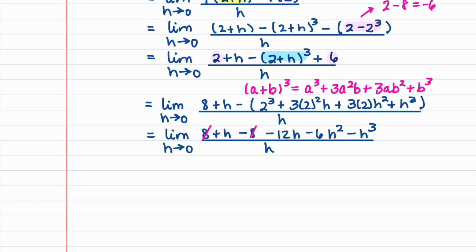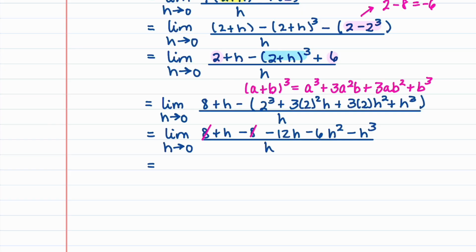So let's go ahead and combine some terms. We have the limit as h goes to 0. We are going to combine the h and the minus 12h. So this is minus 11h minus 6h squared minus h cubed. Hang with me, we're almost done.